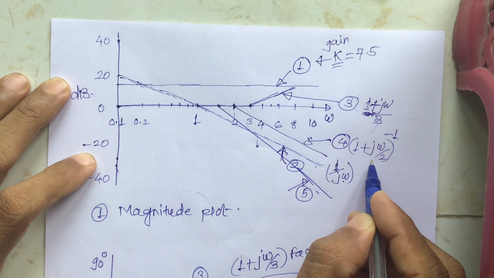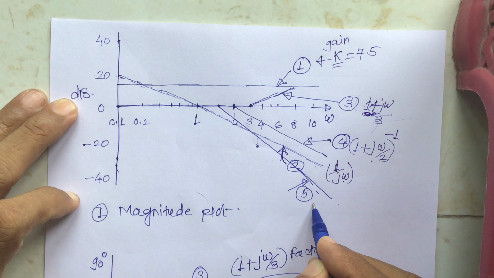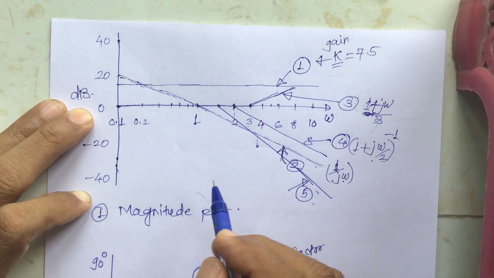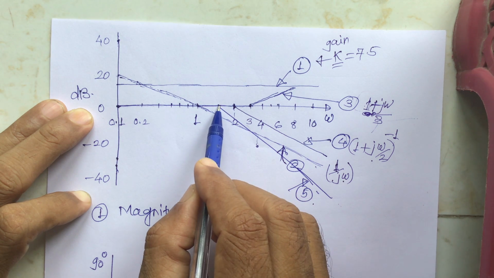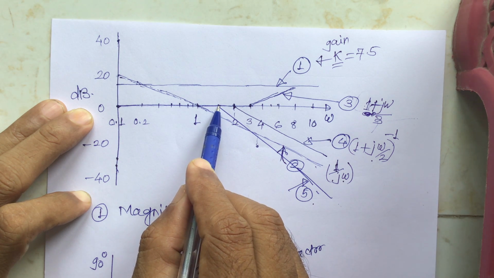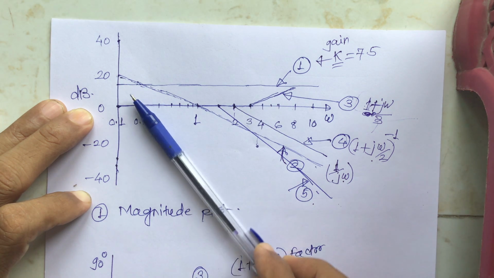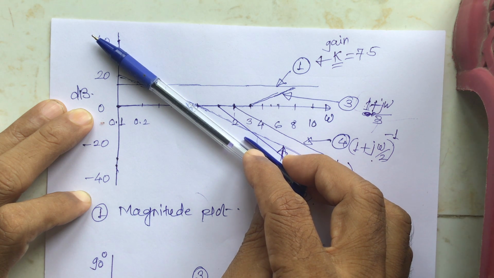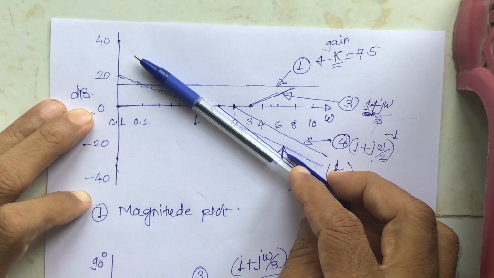And the fifth factor is the quadratic factor, which has a corner frequency of root 2. Root 2 may be somewhere here, and this has a slope of minus 40 dB per decade, so we have to draw a parallel line.